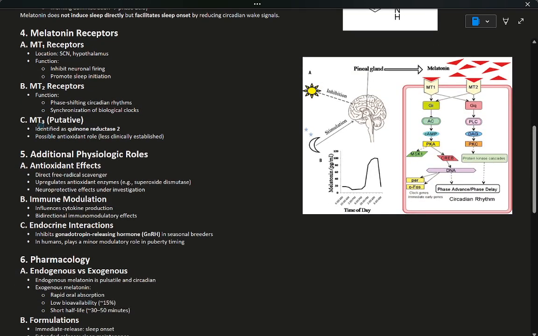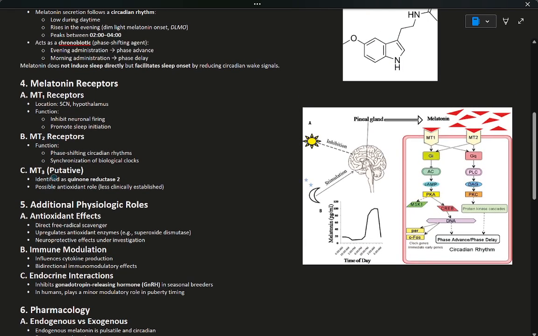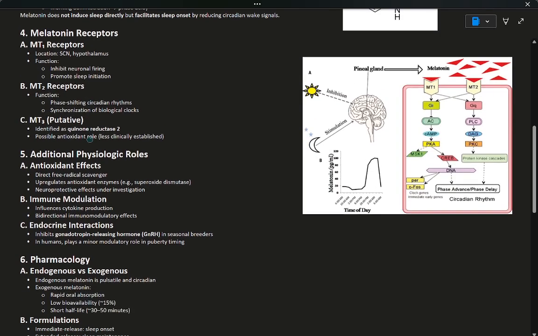At the very least, this receptor in particular is less clinically established, so you don't have to know too much about this, and you can solely focus more on the significance of the MT1 and MT2 receptors. So understand the difference between these two receptors, with the MT2 receptors inducing phase shifting of circadian rhythms and synchronization of biological clocks.